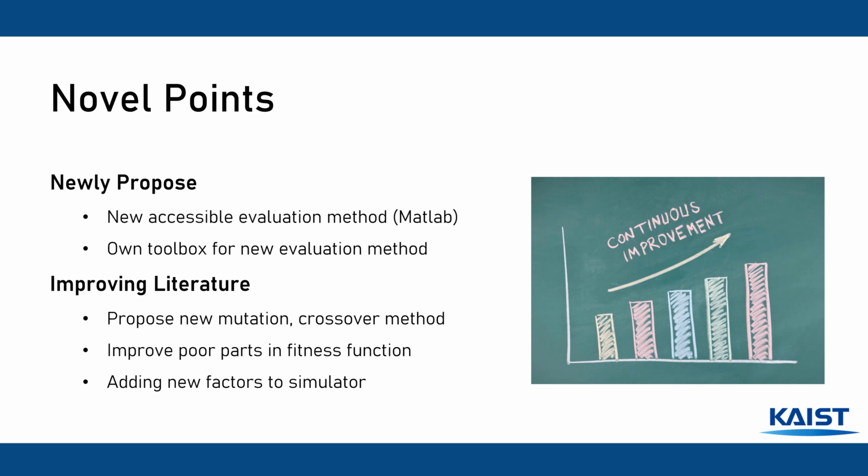If the point where an OBE exists is cut in the process of crossover and mutation based on a single point, these features may be damaged. So, we thought that we can find new crossover and mutation methods that could maintain the geometrical features from OBEs. Even more, we would improve poor parts of the fitness function.